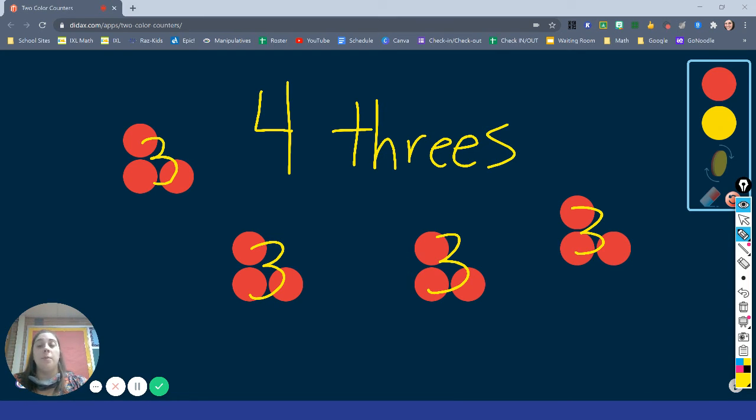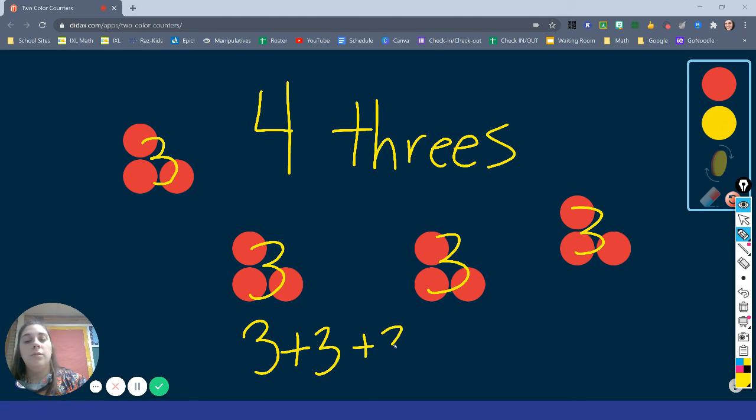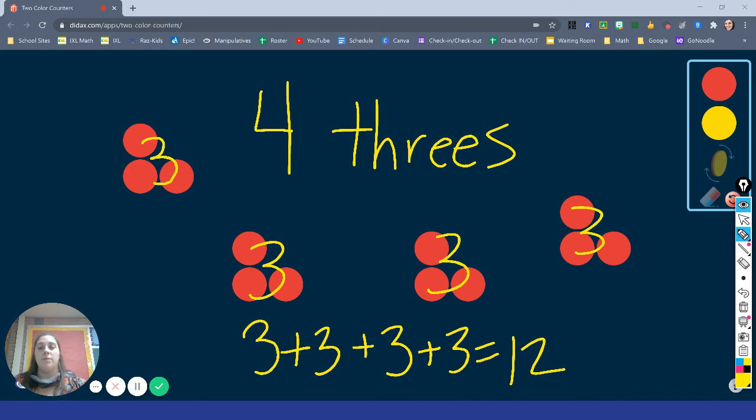Okay, and that's unit form. Remember, it's the number followed by the word, which is the unit, okay? And each of those represents a group of 3, so we have 4 threes. And remember, in our addition sentence, we also had 4 threes. 1, 2, 3, 4. And that equaled all 12 counters.